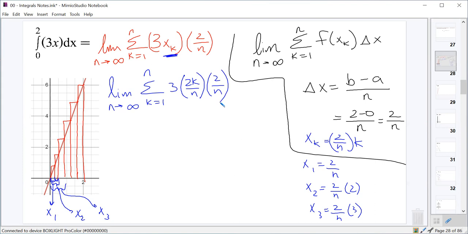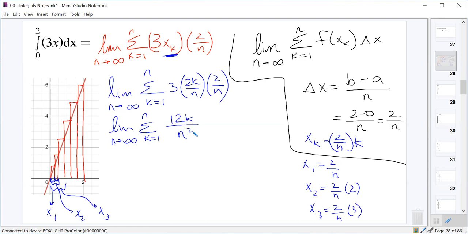And then once we have that summation figured out, we'll evaluate the limit. So first we'll simplify down this limit as n approaches infinity of a sum from k equals 1 to n of, well, 3 times 2 times 2 is 12. So we've got 12k over n squared.